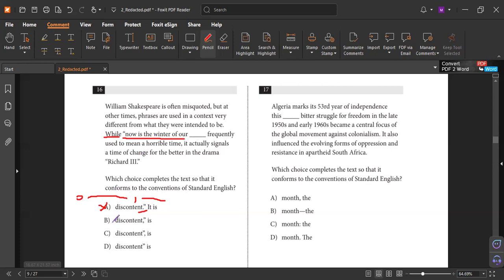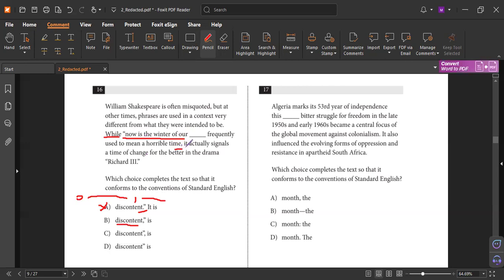Letter B, it could be correct, but we have a problem. Before this content, it's not complete. Why? He said here, now is the winter of our, this content is. All of that is the subject.